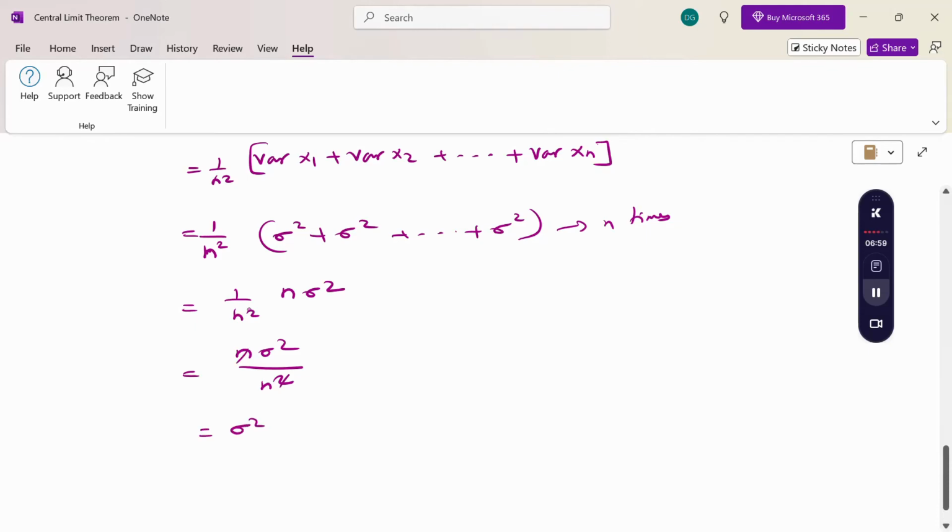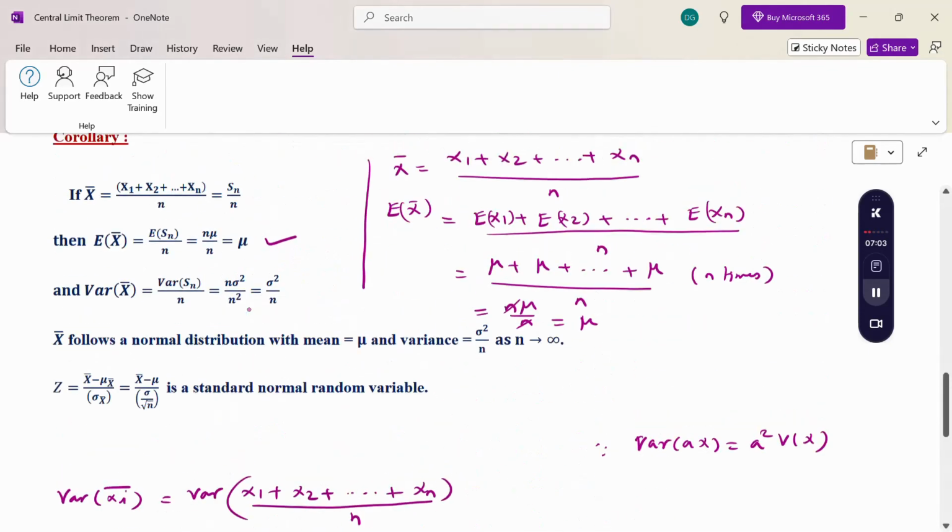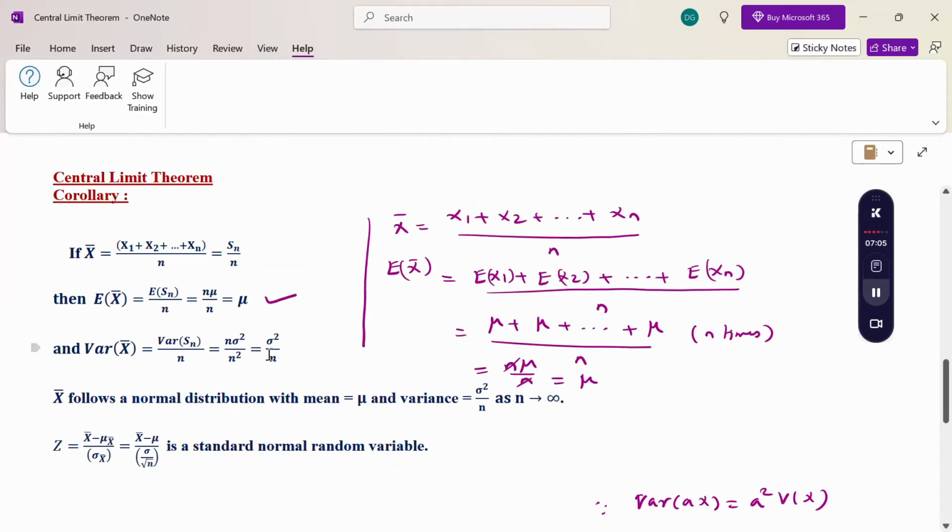Therefore sigma square by n is the variance of X bar. So X bar follows a normal distribution with mean mu and variance sigma square by n as n tends to infinity.